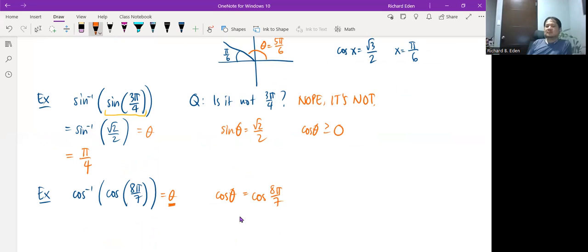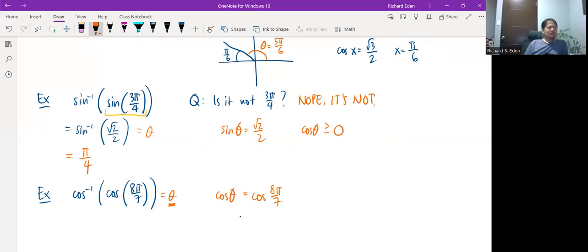Third. Don't think necessarily of 8 pi over 7 yet. For now, because theta is a cosine inverse value, the cosine inverse produces angles in which quadrants? First and fourth?